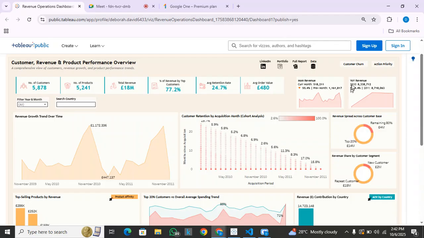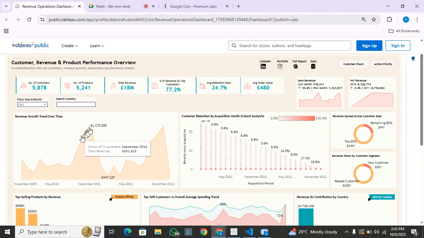We see the year over year revenue. In 2010, the business saw revenue of 8.3 million, and in 2011, 8.7 million.